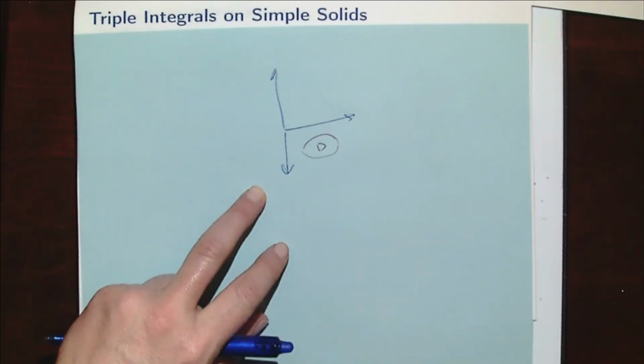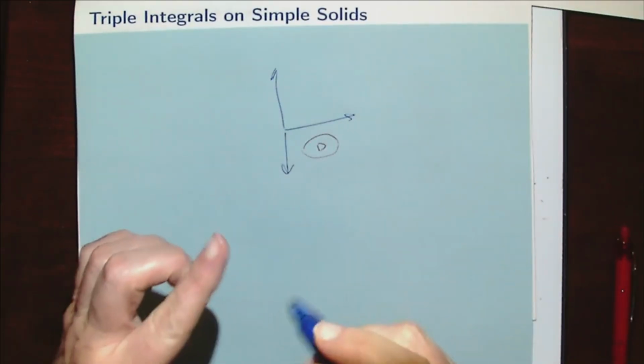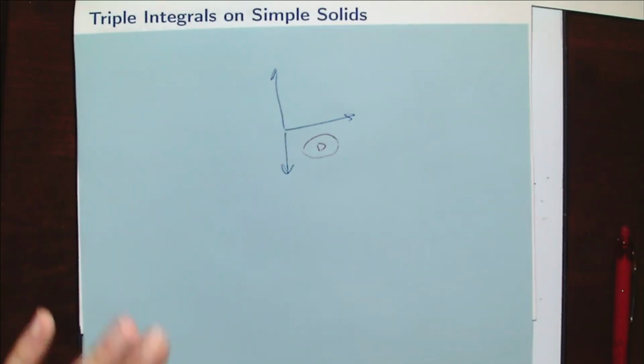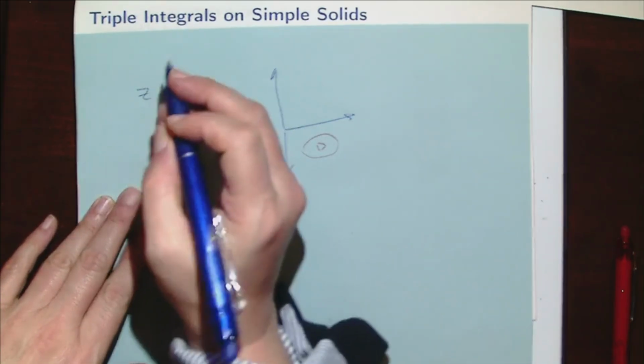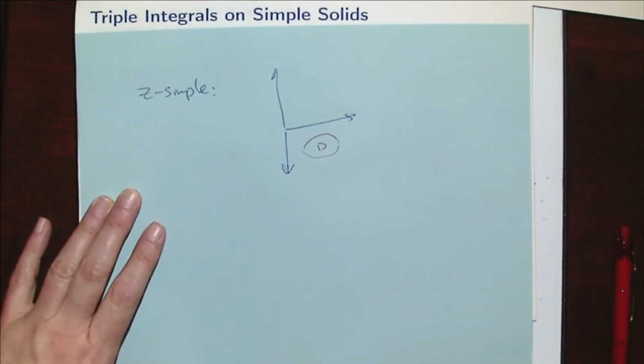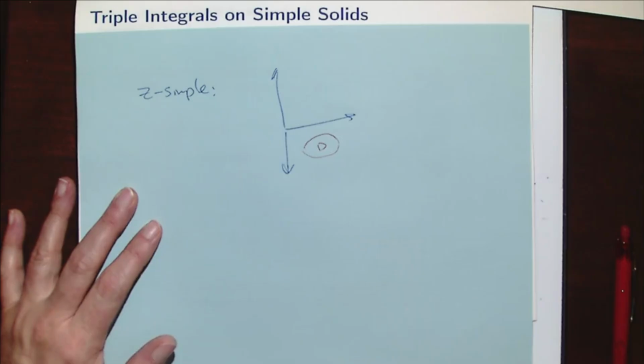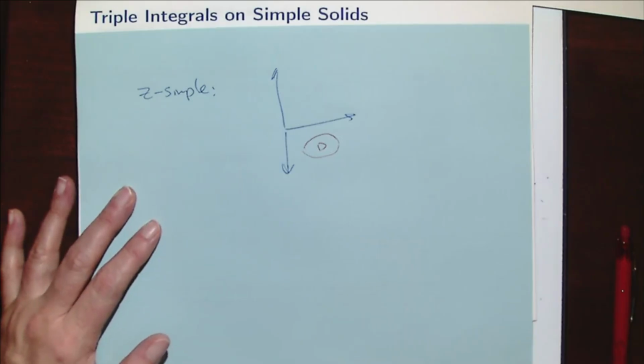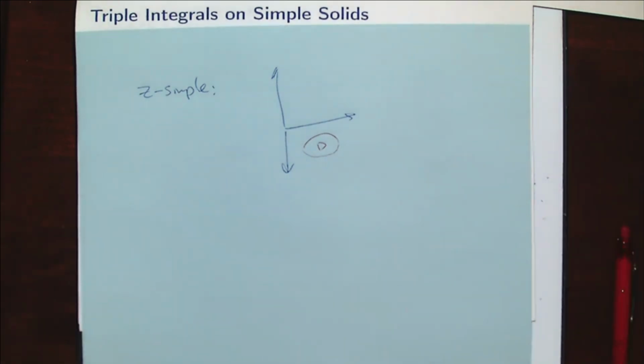So let's say this is the domain. And I want to tell you, first of all, what Z simple means. So we went from rectangular to non-rectangular, but I want to start with simple regions, then get to the more complicated. Fair game? Just like double integrals.